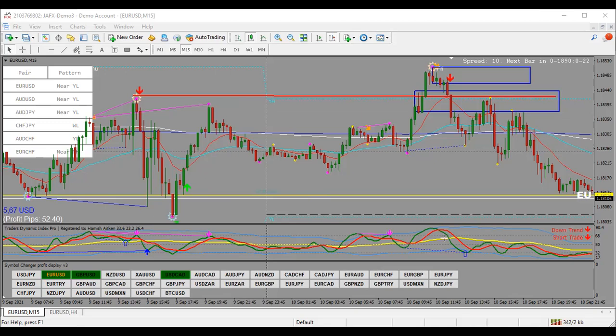If price is below it, price is in a downtrend, and if price is above it, price is in an uptrend. Whenever the market baseline is above 68 and coming down, it means price is going to sell. Whenever it is below 32, price is going to reverse. If it's above 68, we use that as a market reversal, and if it's below 32, we also use that as a market reversal.